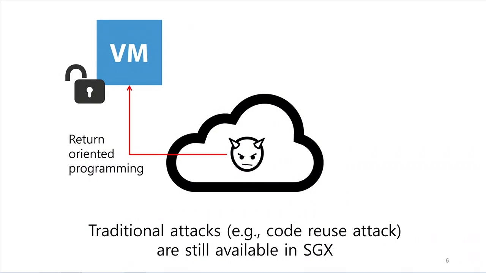Although SGX successfully denied direct access to the enclave, traditional attacks such as code reuse attacks are still available in SGX. For example, a malicious hypervisor can launch return-oriented programming attacks against the enclave through the communication channel between the enclave and the hypervisor.